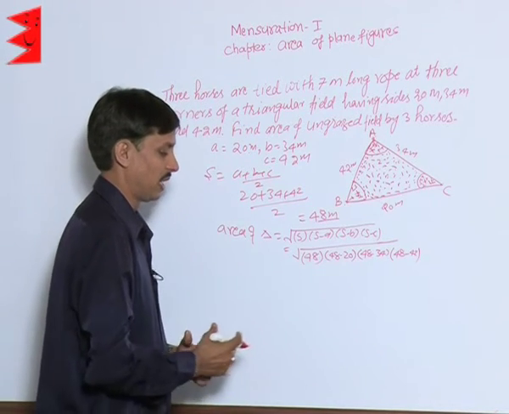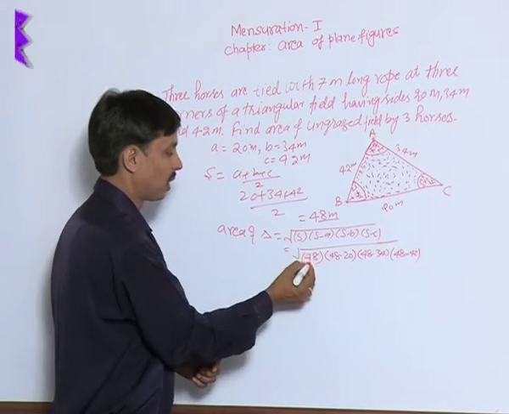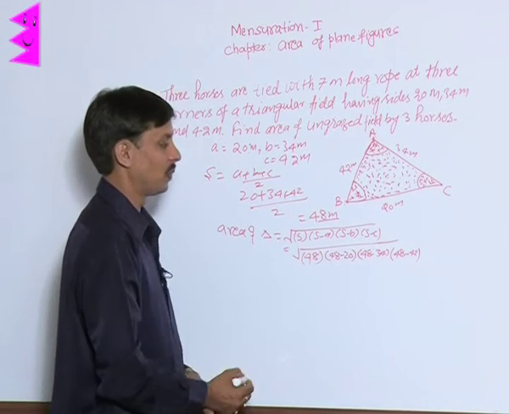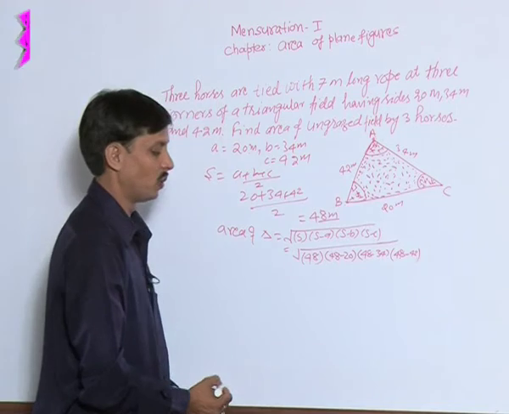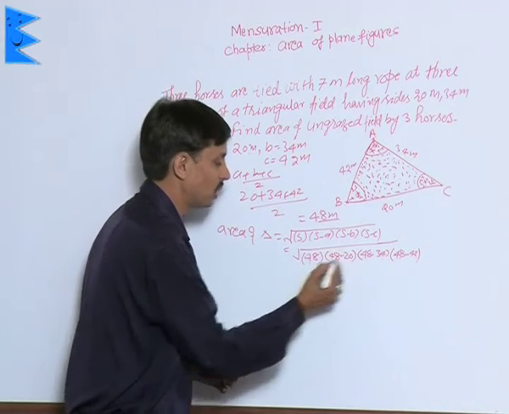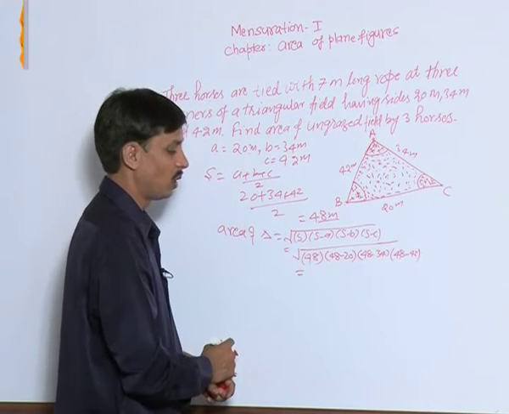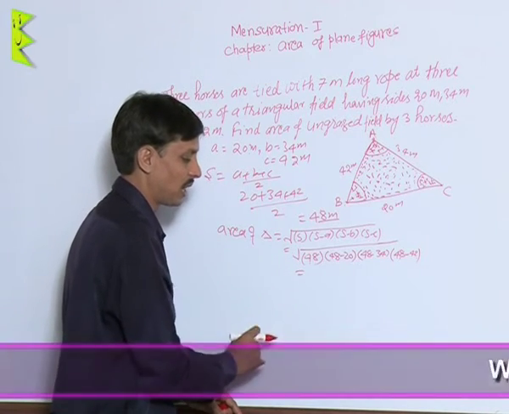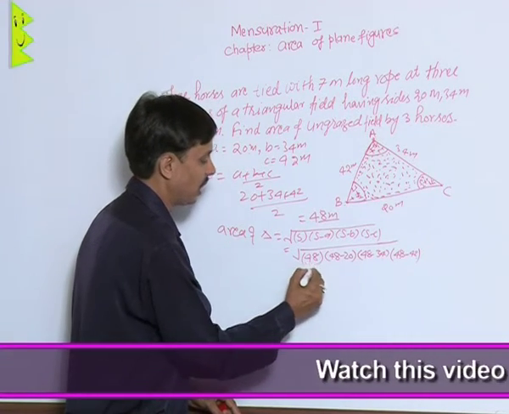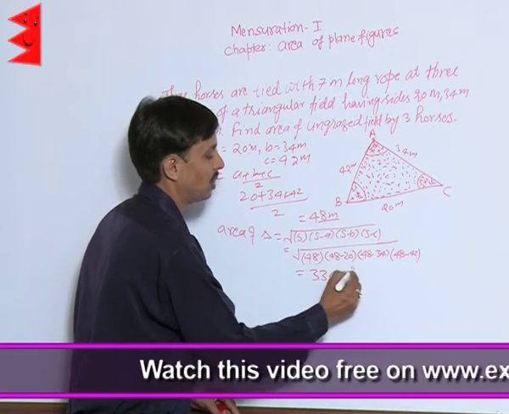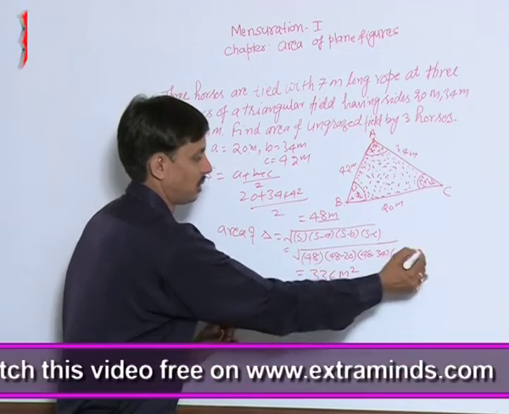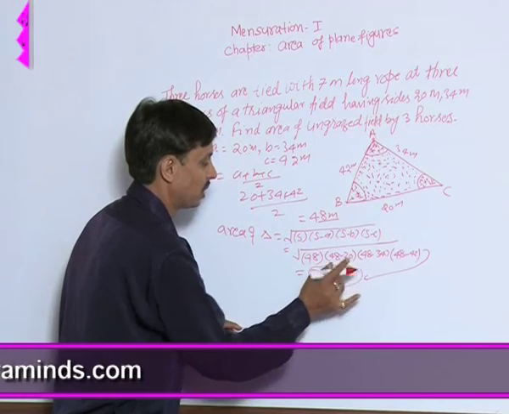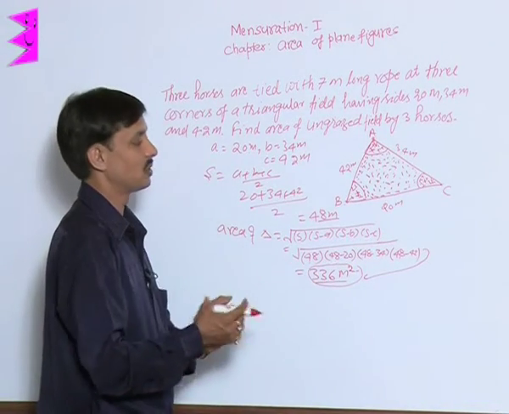If we simplify this portion, that is 48 into 48 minus 20 into 48 minus 34 into 48 minus 42, taking the square root, we will get the area of the triangle as 336 meter square. After calculating this value, we know the area of the triangular field is 336 meter square.